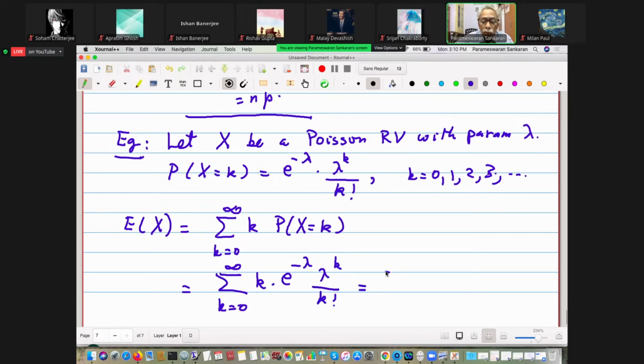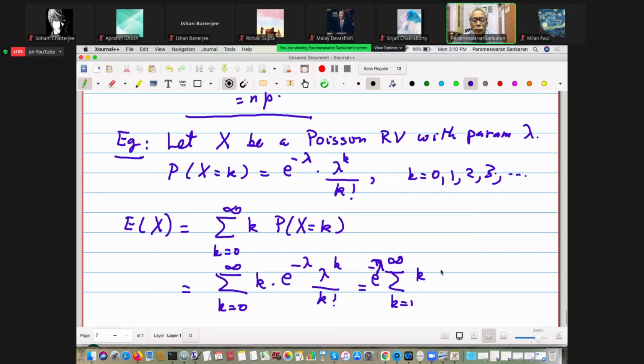Because the first term is 0, I may as well write k equals 1 to infinity. e power minus lambda is a constant, so let us write that outside.